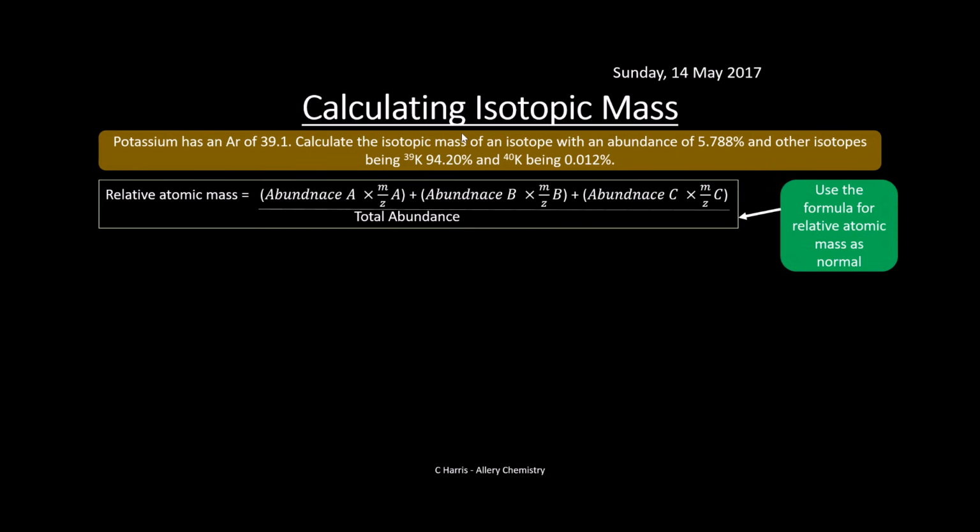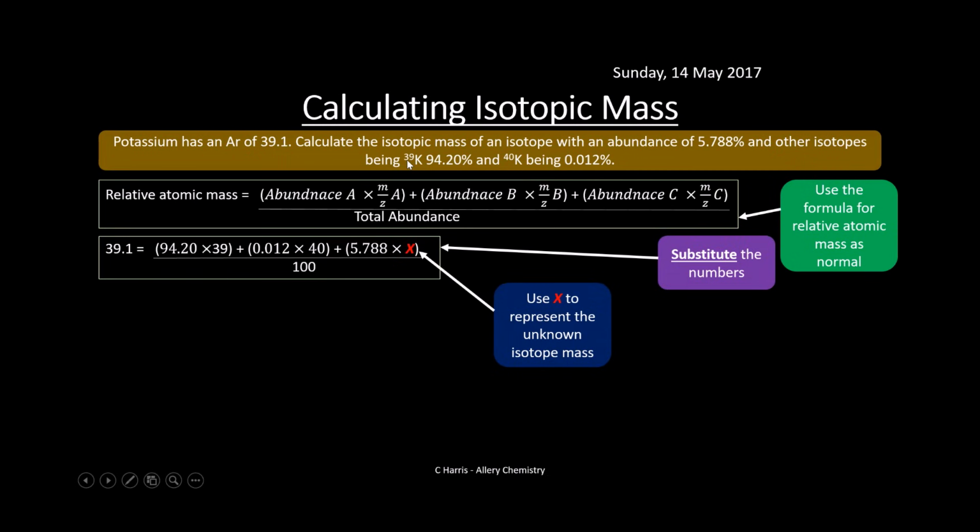Okay, so let's look at our formula first. We're using the same formula as we've seen before: abundance of A times m/z of A, abundance of B times m/z of B, abundance of C times m/z of C, because remember we've got 3 isotopes here. You can see we've got the total abundance on the bottom, and that's going to be out of 100 because it's all percentages. So we're going to put our numbers in. We know the relative atomic mass is 39.1. We know 94.20 times 39, and we know 0.012 times 40.